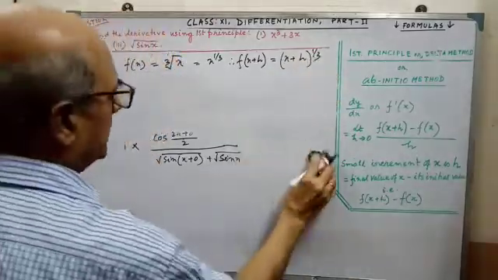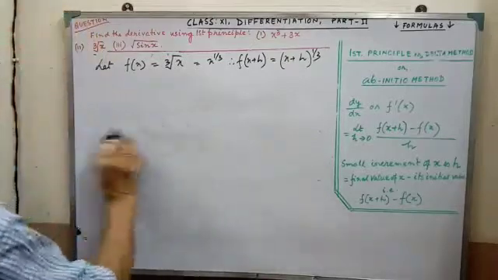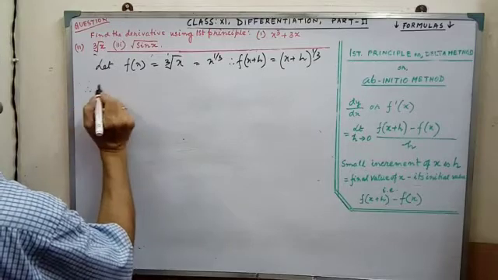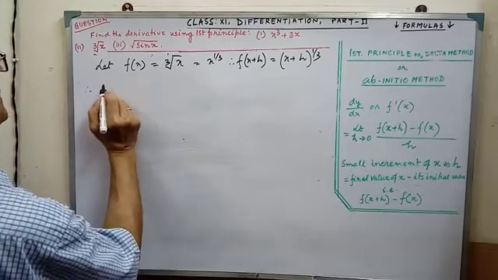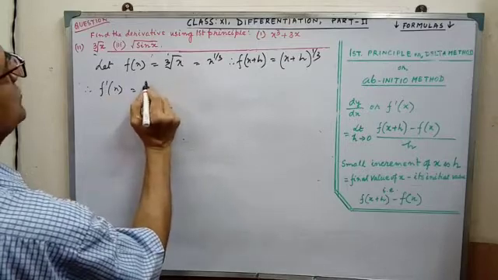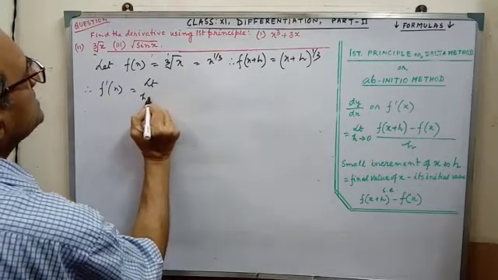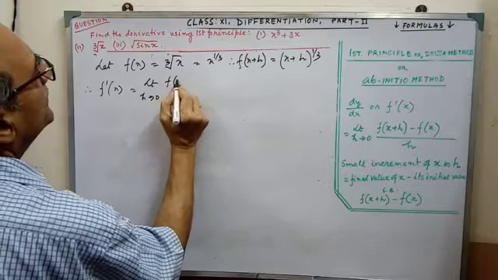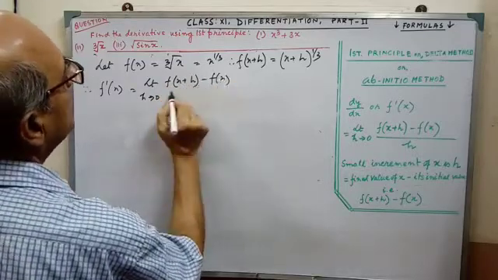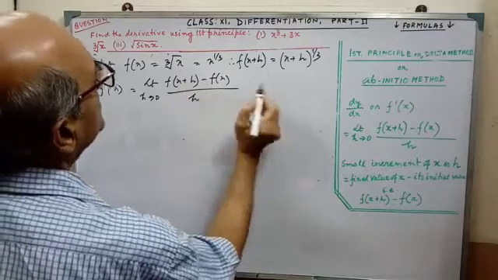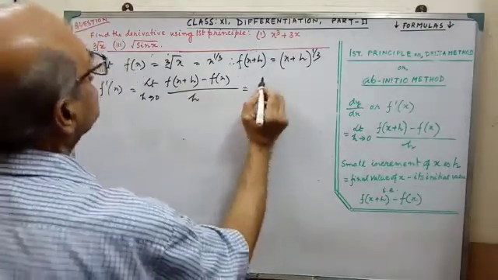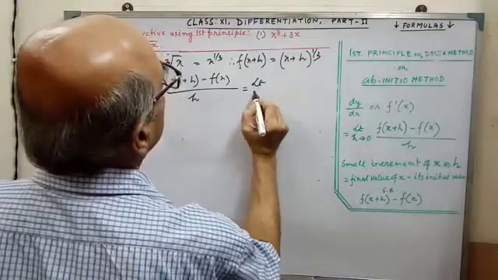You have already seen the process, so by paying attention, it will easily be clear to you. Therefore, f dash x equal to, we just write the formula, limit h tends to 0, f(x plus h) minus f(x) divided by h.